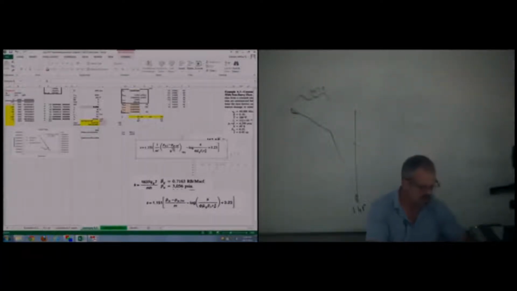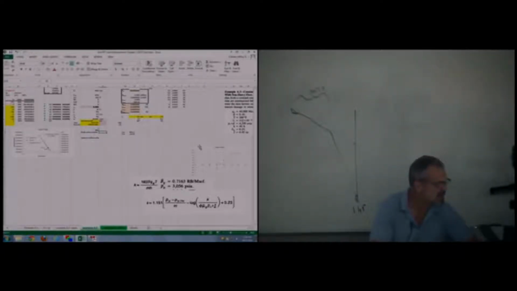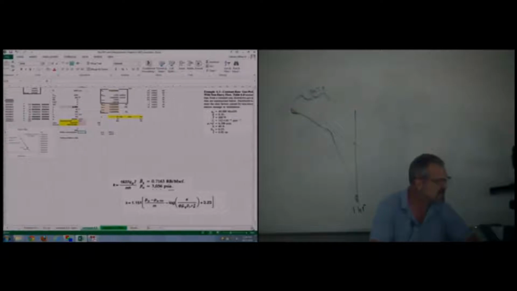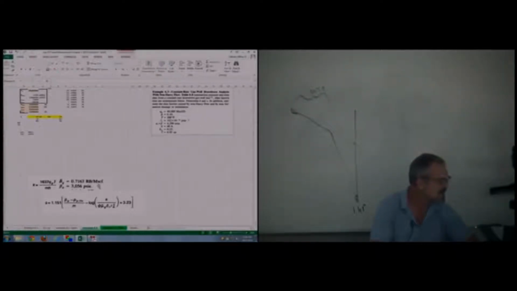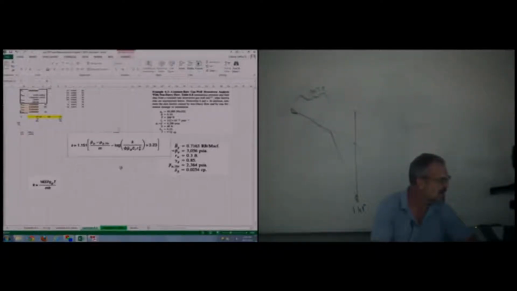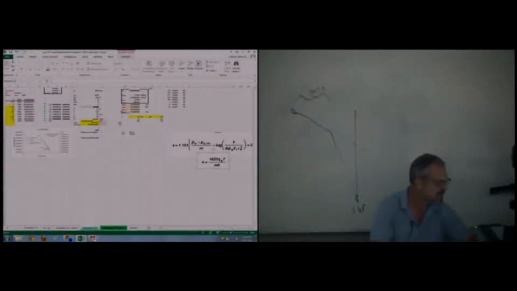This is from the last problem, I don't need that at all anymore. That's from the last problem, I don't need that anymore. I don't know what this is. Don't I have an equation for the radius of investigation?